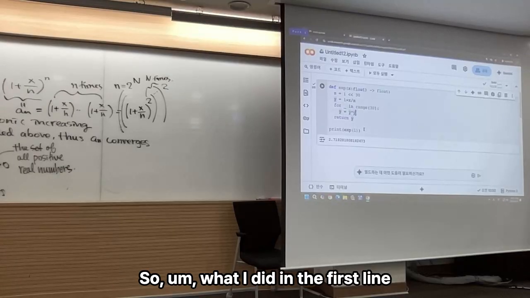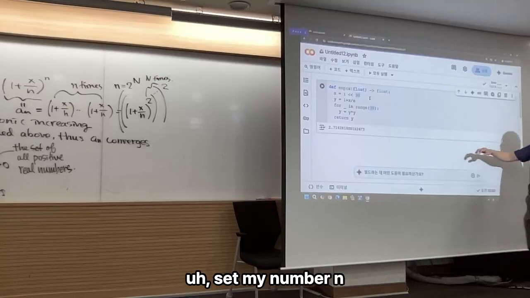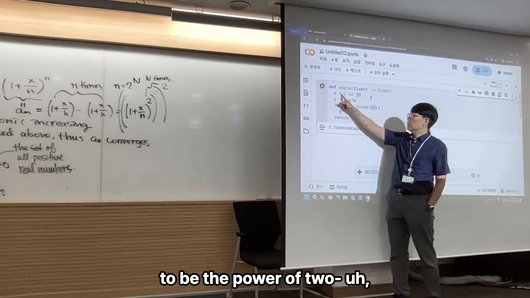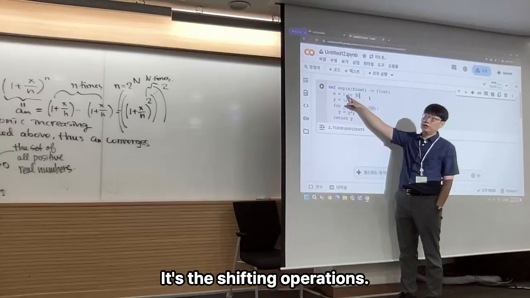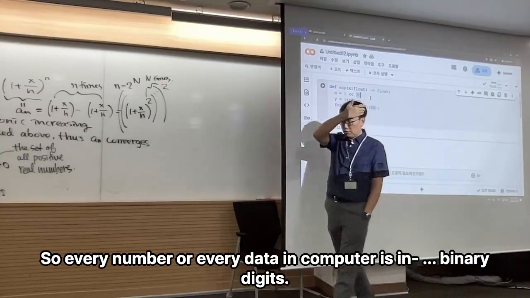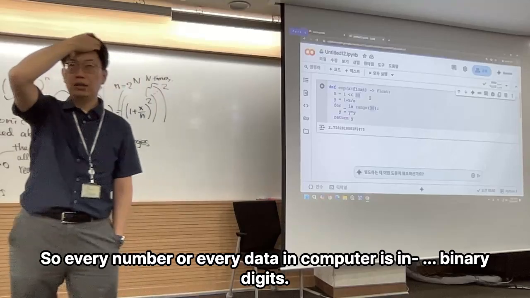So what I did in the first line inside this definition is set my number n to be 2 to the power of 30. What does this mean? It's the shifting operation. Every piece of data in a computer is in binary digits.